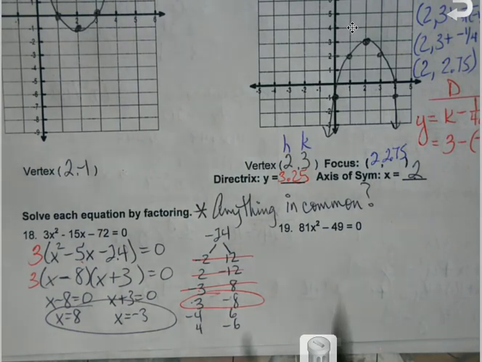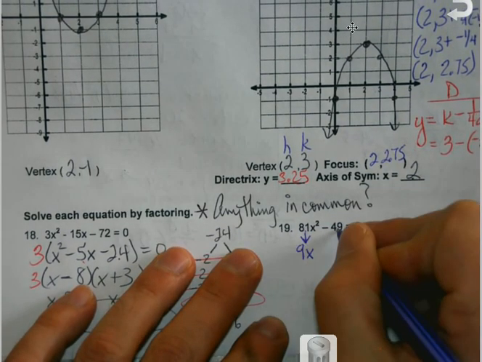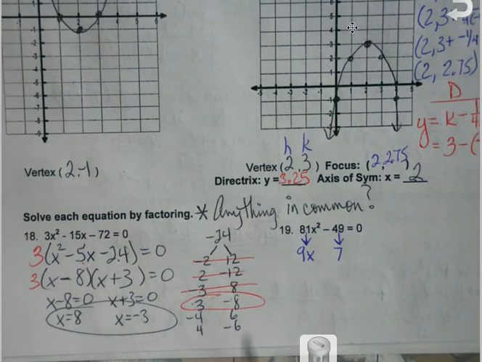You're like, okay, 19, anything in common? I can't divide something out, no. But I should recognize something here. What's 81 and 49? They have something in common, but not something that divides in. What type of numbers are they? Perfect squares. Again, I'm going to keep barking. You've got to know those perfect squares up to 10, because you look at this and you're like, okay, I squared 9 to get 81. I square 7 to get 49. You cannot add 49 and square root.